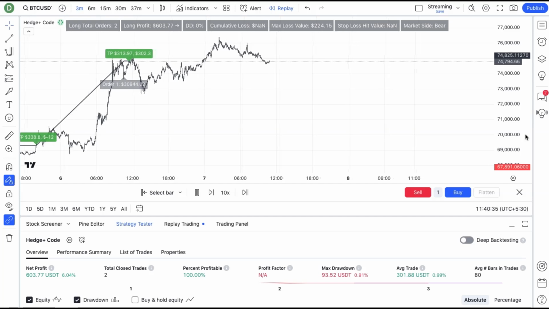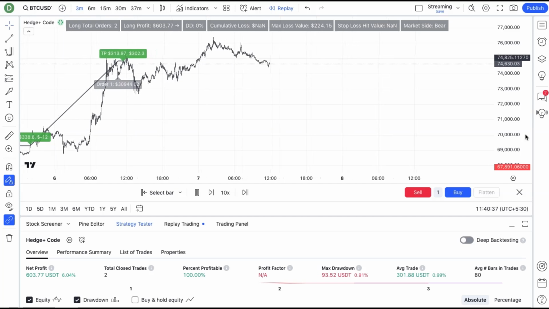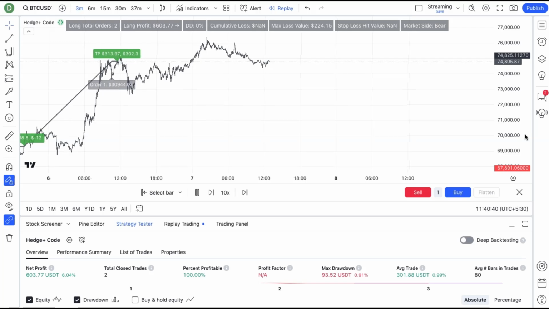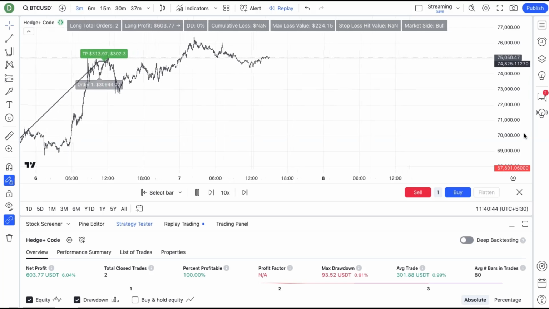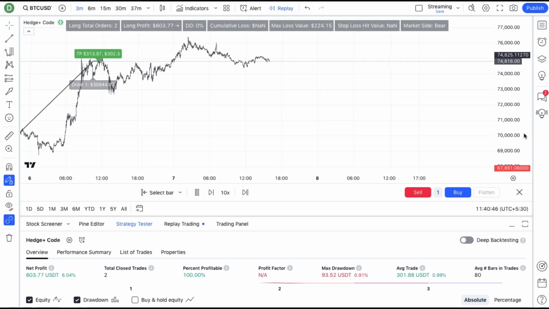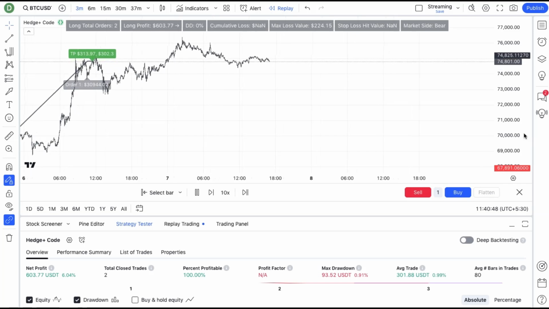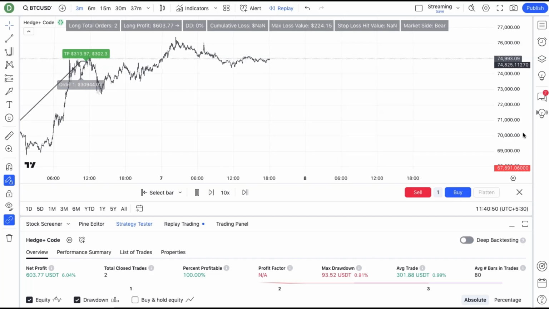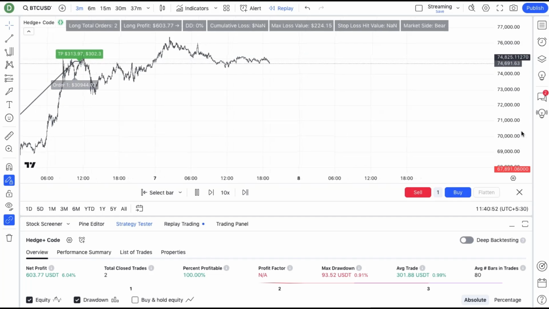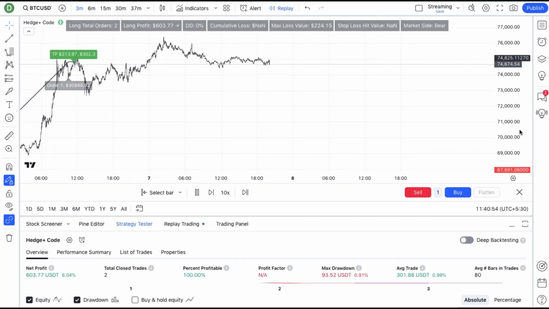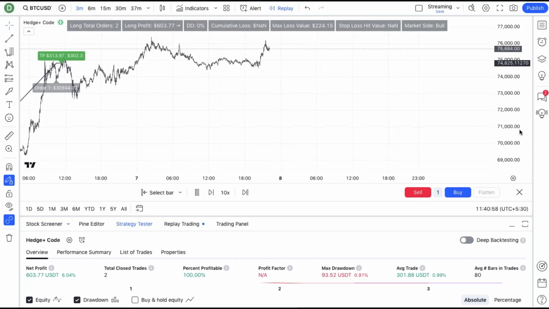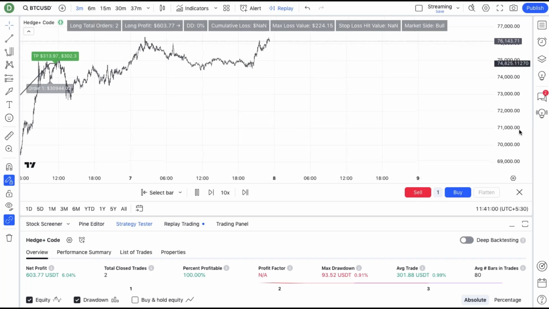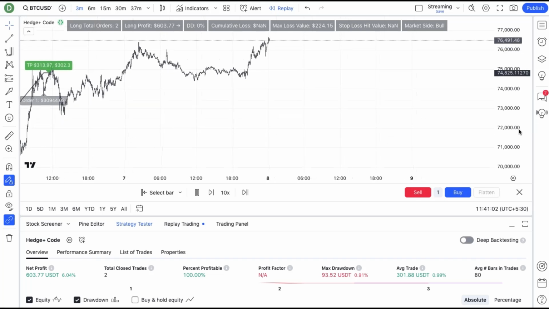We know risk management is paramount in trading. It's not just about winning trades, it's about managing the inevitable losses that come with the territory. How does the Hedge Plus code address this? One of the most important features is its emphasis on risk management. You can set things like your stop loss and take profit levels directly in the code, and it will automatically execute those orders for you.